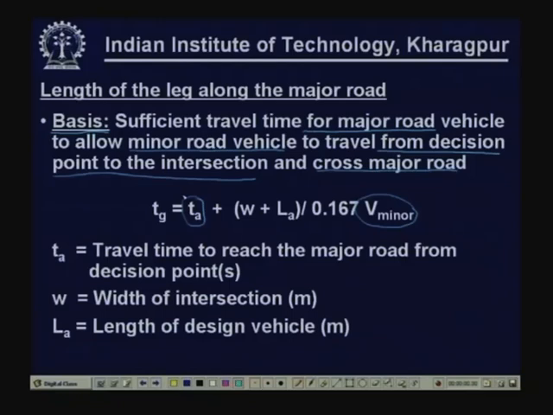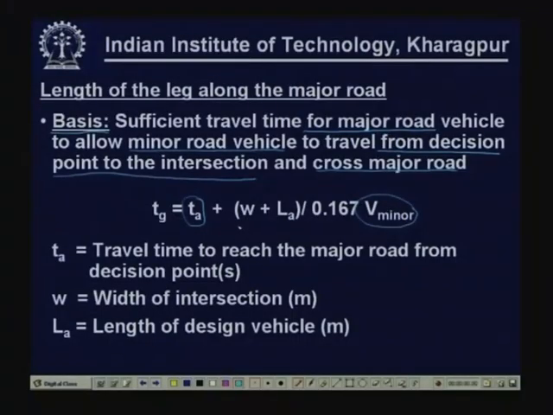Just now we have discussed this time component. Plus the time required to cross the intersection, which is estimated from the width plus the length of the vehicle. So, W is the width of the intersection and La is the length of the design vehicle. Do remember that this is again a function of the design vehicle, so it will vary depending on the design vehicle.